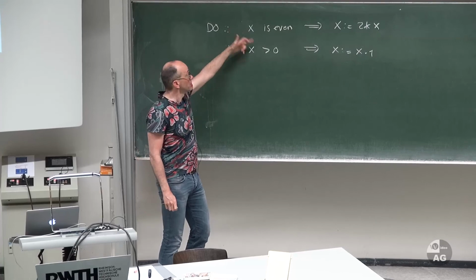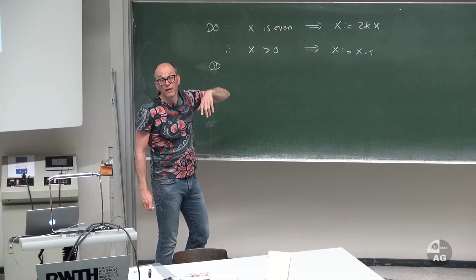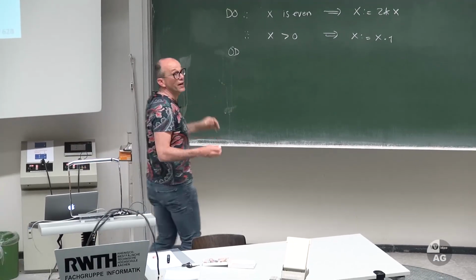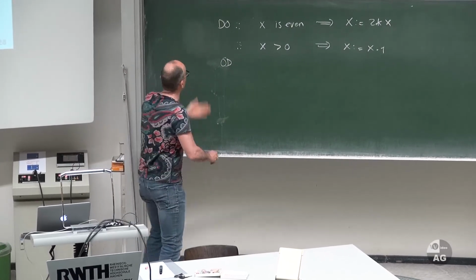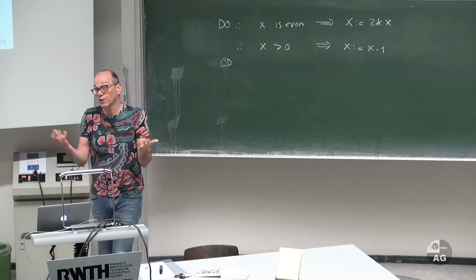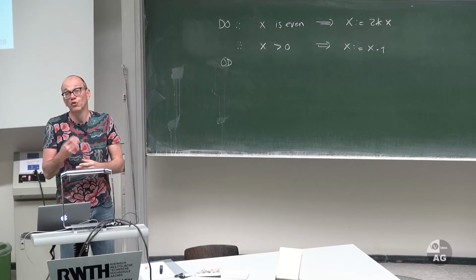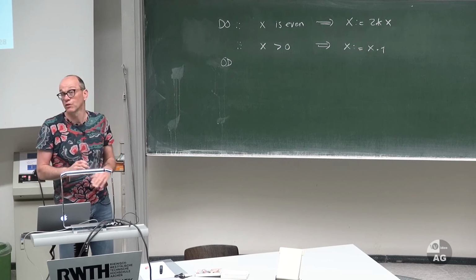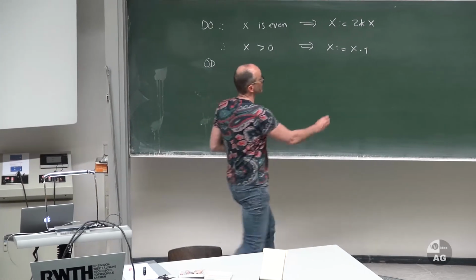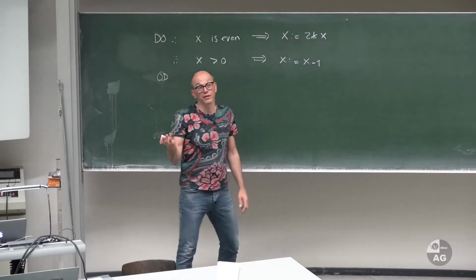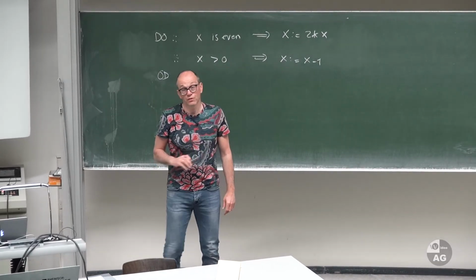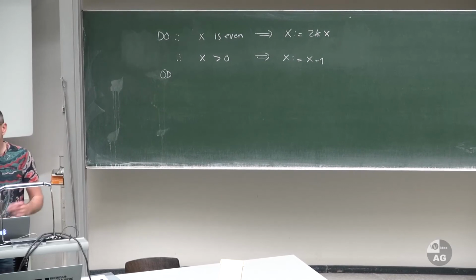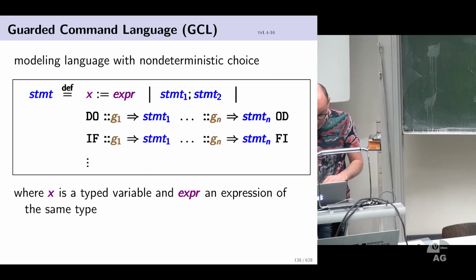There are, of course, even numbers which are strictly positive. What is the program going to do if x is, for instance, the value 10? Suppose I execute this program in the state where x equals 10. The program non-deterministically is going to decide either to double x or decrement x by 1. This is typically something that is allowed in the guarded command language, but not in an ordinary programming language.